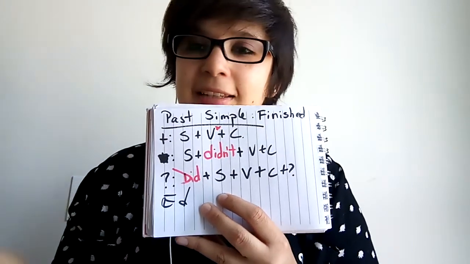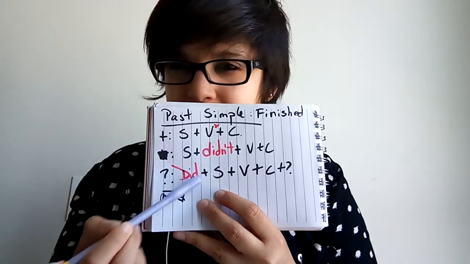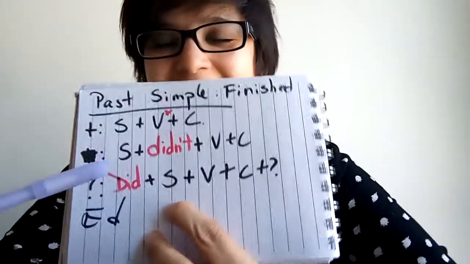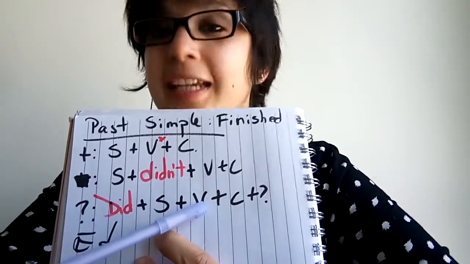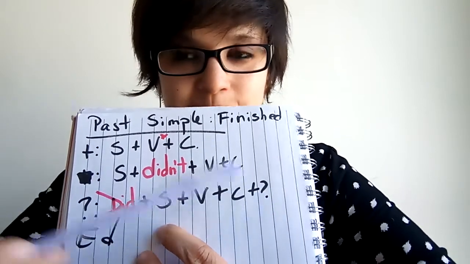And in the case of the question, you have to start with this red word, did, that tells you, hey, I'm talking about the past, okay? So we have did, the subject, the verb in present, the complement, and the question mark.